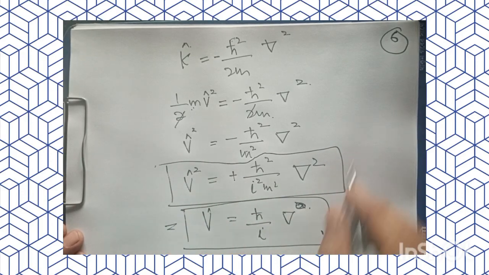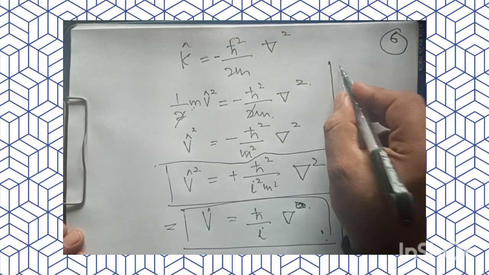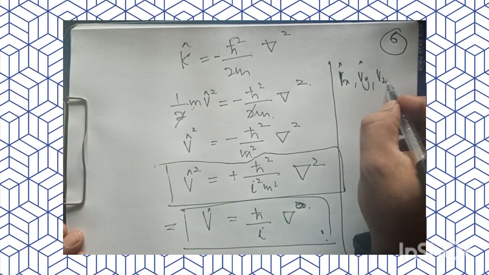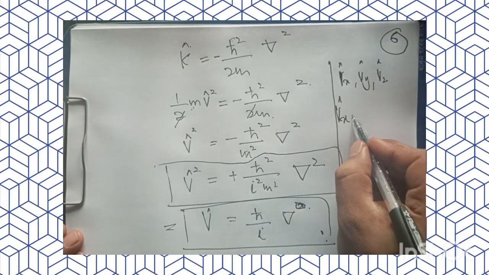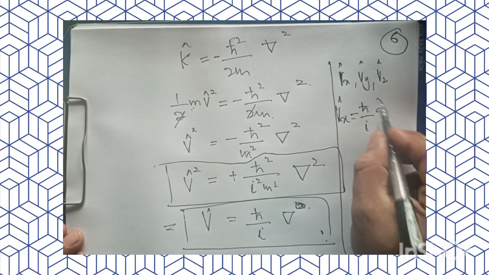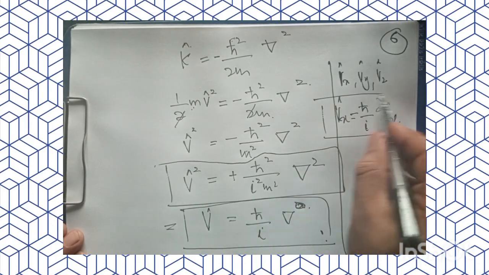So you can write down the operators for velocity components like Vx cap and Vy cap and Vz cap. And say if I have to write it for Vx cap, I'm going to write h cross by I m dou by dou x.